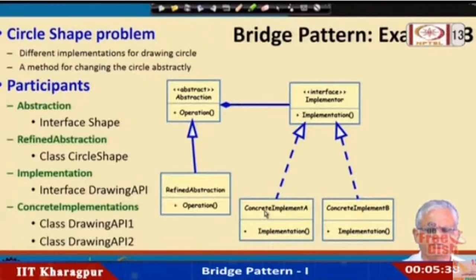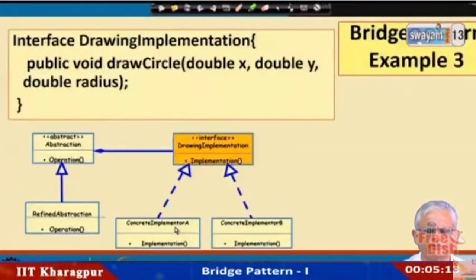So these are the classes which participate in this pattern: the abstraction, which is the interface; the refined abstraction, which is the concrete circle class; then we have the implementation, which is the interface; and then the concrete implementations, which use different drawing APIs for different platforms. Now let us try to see the code, the Java code.